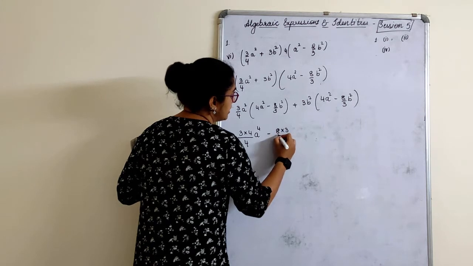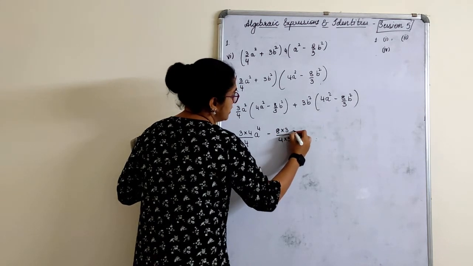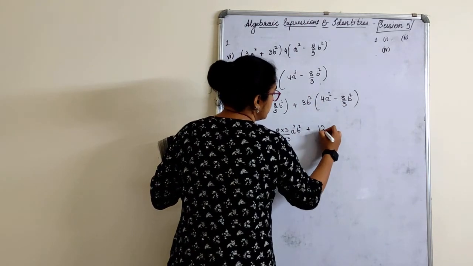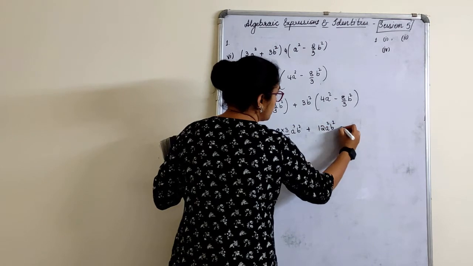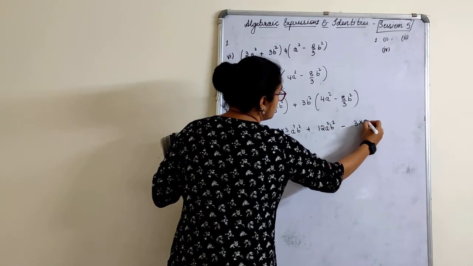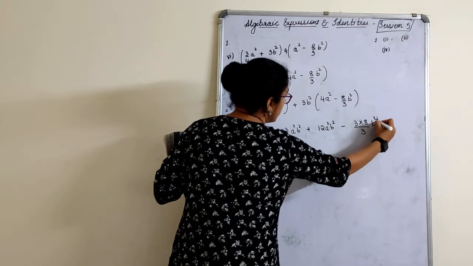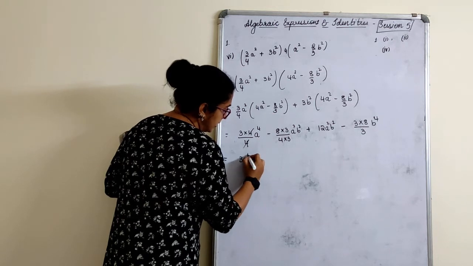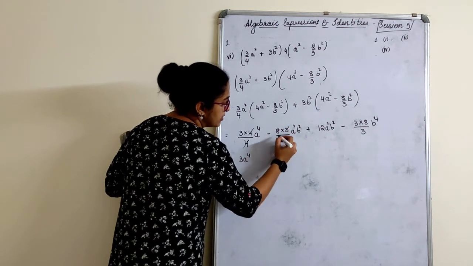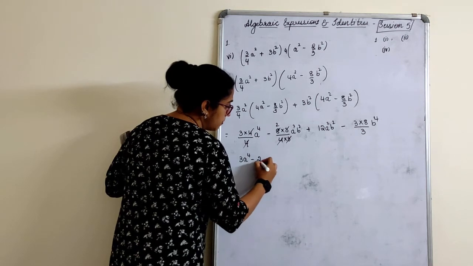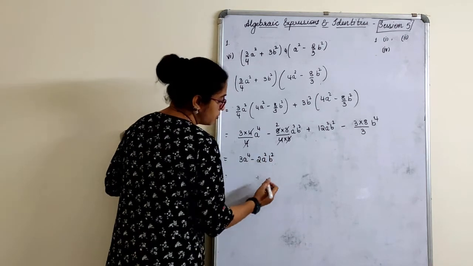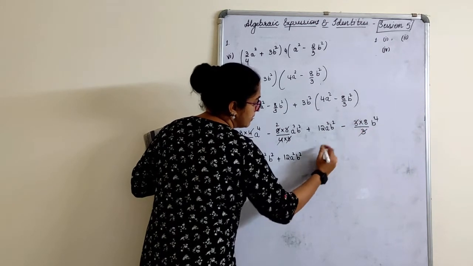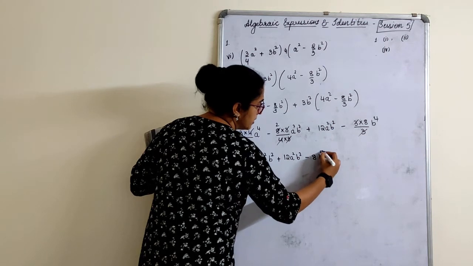Minus 8 into 3 divided by 4 into 3 a square b square, plus 12 a square b square, minus 3 into 8 divided by 3 b raised to 4. 4 and 4 will get cancelled: 3a raised to 4. 3 and 3 will get cancelled: minus 2a square b square, plus 12a square b square, minus 8 b raised to 4.